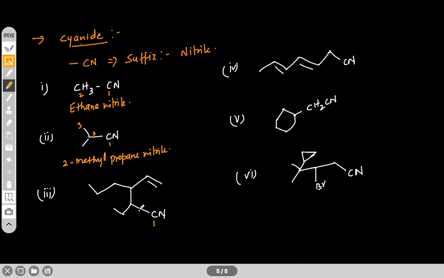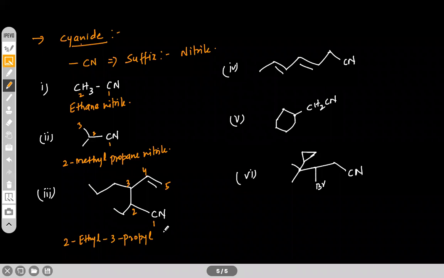Here 1, 2, 3, 4, and 5. So again 2-ethyl-3-propylpent-4-ene nitrile.